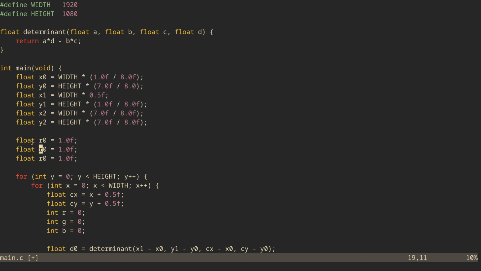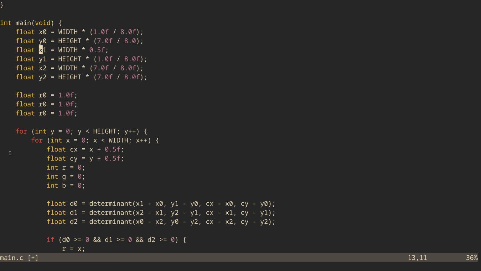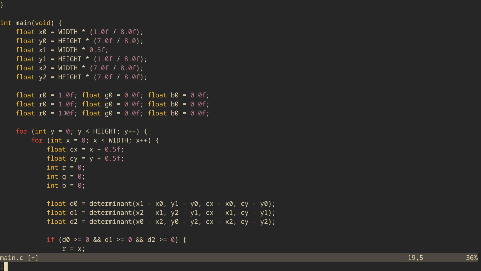And we're going to define these as floating point because all the math we're doing is in float, and then we'll convert to integer colors at the end. Something like that.